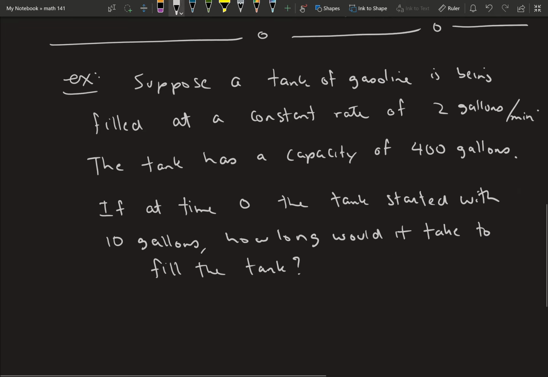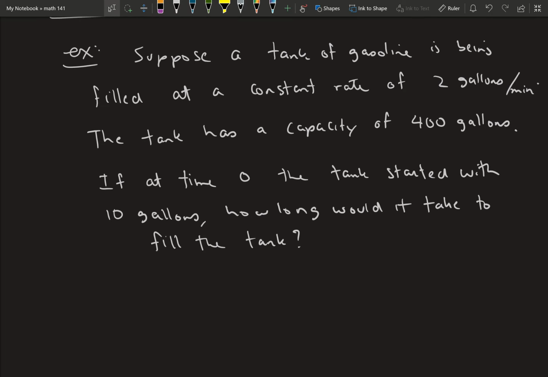Okay, so this one I just gave you the rate of change, and we also gave a maximum capacity of how many gallons. So now we'll think of a function, say capital G of t, the gallons that are there as a function of time t. And this is going to be some mt plus b.